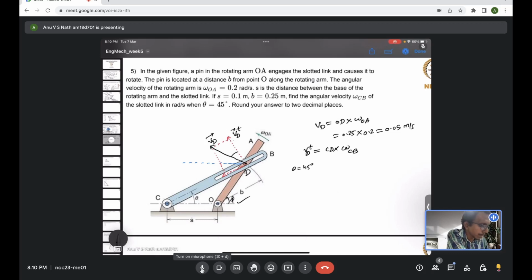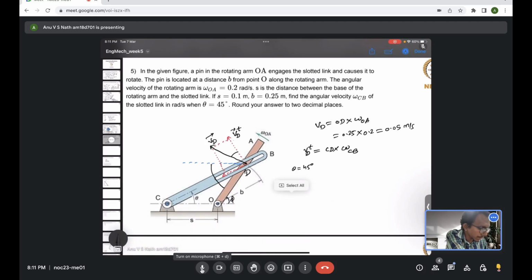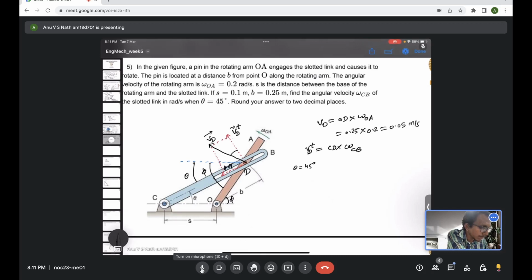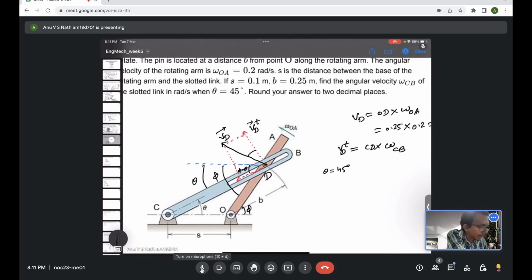If this angle is phi, then this entire angle should be phi, and this angle is theta, so that means the angle between the horizontal blue line and the normal velocity component should be phi minus theta.